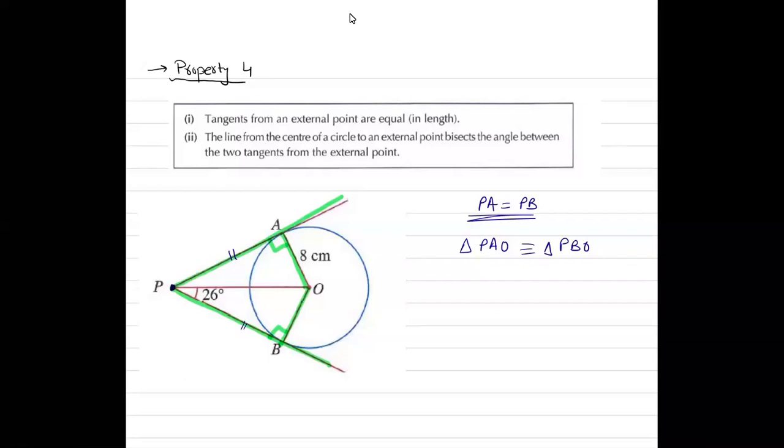So the radii, the two sides AO and BO, are equal. The lengths PA and PB are equal. And you can clearly see that PO is a common length between them. So if all the corresponding sides are equal, then all the corresponding angles must also be equal. So if this angle is 26, this angle is also 26.